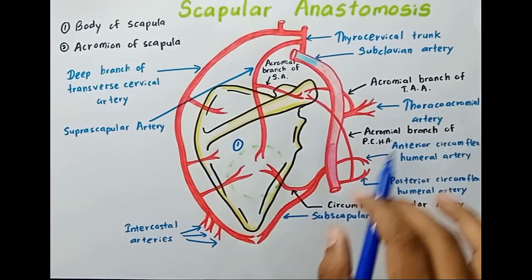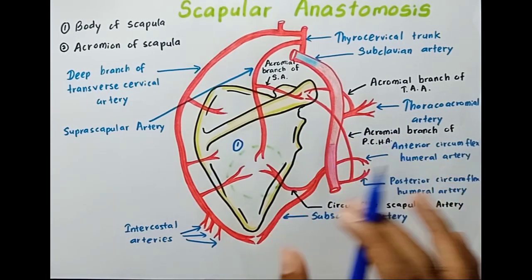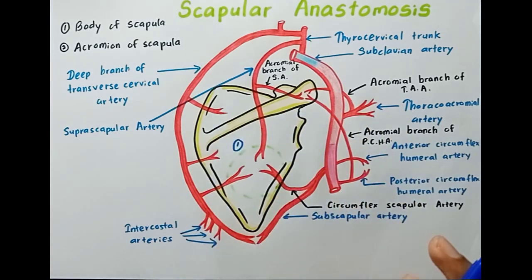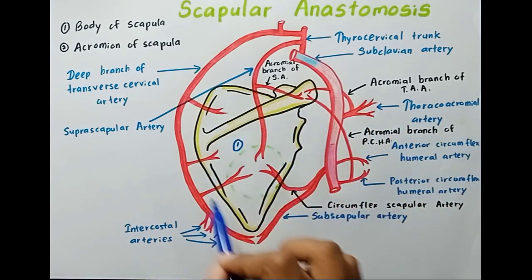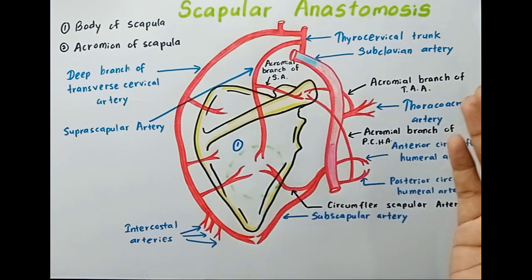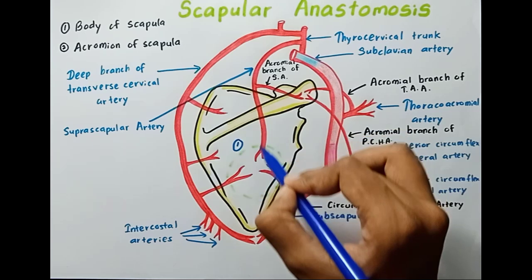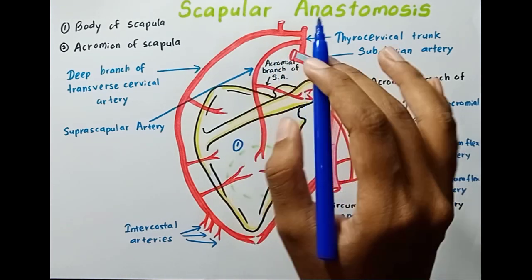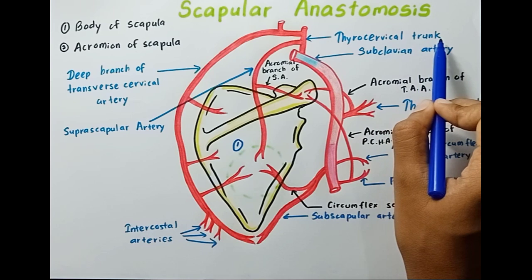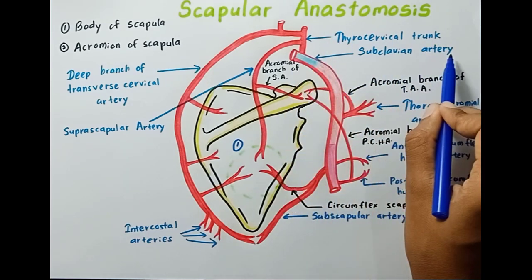So this scapula has a rich network of blood vessels that form an anastomosis, ensuring continuous blood flow even if one of vessels is blocked or damaged. Okay, so the first one is suprascapular artery. Here you can see that. And it originates from the thyrocervical trunk, which is a branch of the subclavian artery.